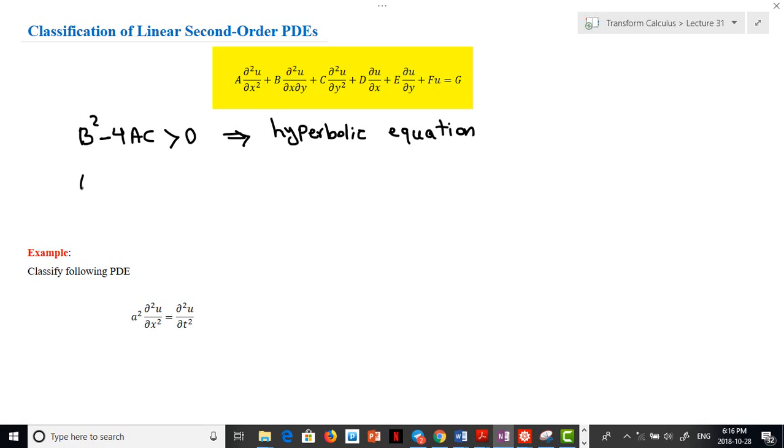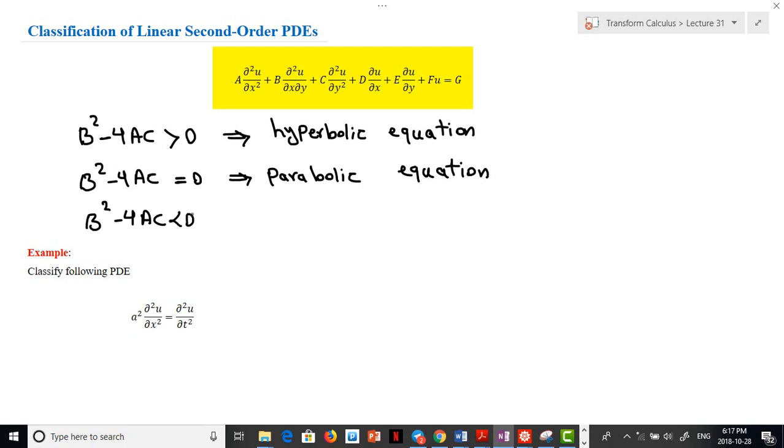If b squared minus 4ac is equal to 0, we call this equation a parabolic equation. If b squared minus 4ac is less than 0, then we call this equation an elliptic equation.